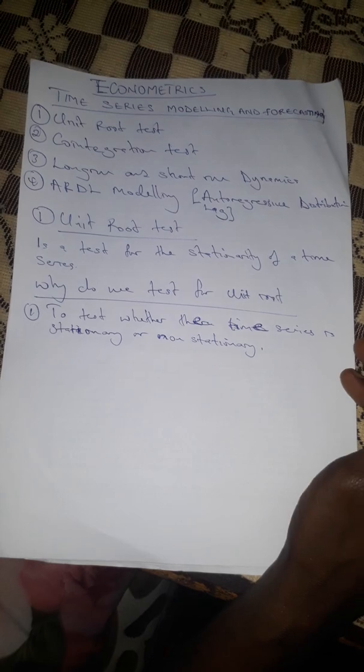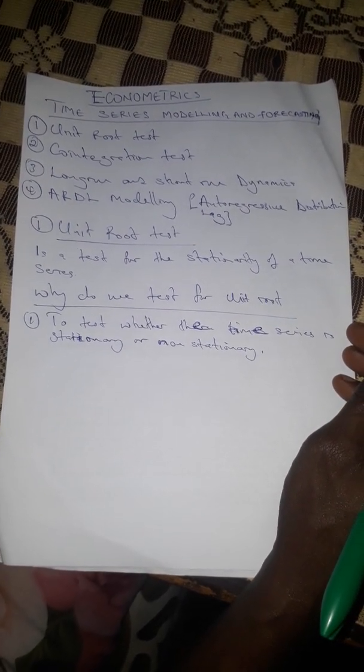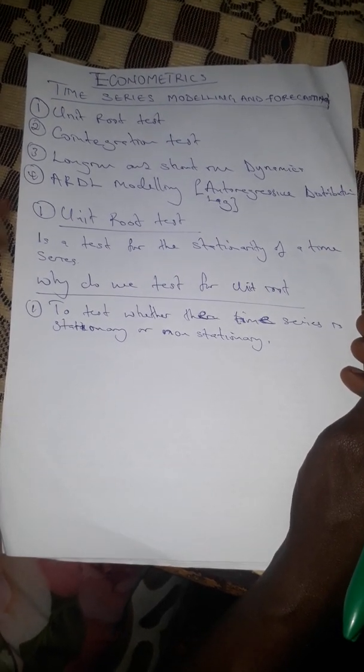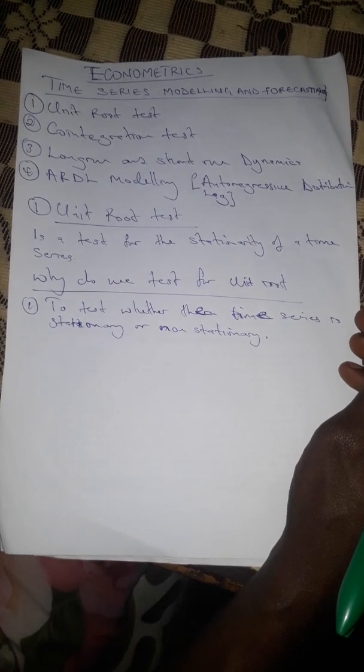When we say a time series is stationary, we mean that there is no unit root. And when we say a time series is non-stationary, it means it possesses a unit root.